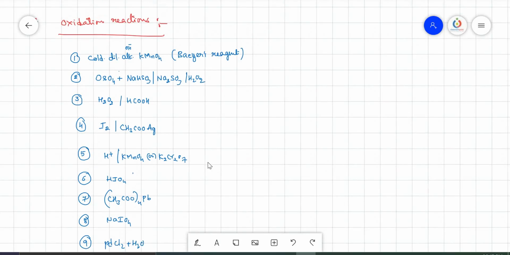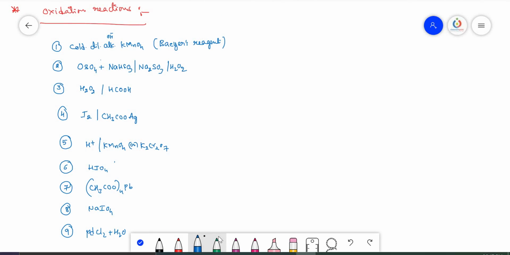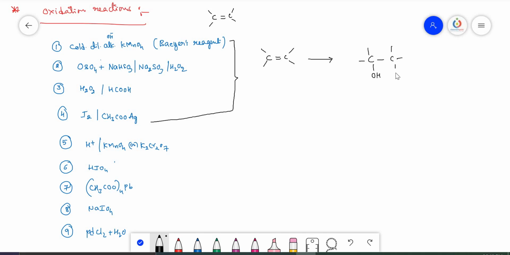Now our duty is to see what is the use of these reagents and how they convert the alkene part, the double bonded carbon atoms. Baeyer's reagent, osmium tetroxide, H2O2, iodine acetate, and H plus KMnO4, no, not H plus KMnO4, up to here, the first four reagents, convert the double bonded carbon atoms of alkenes to their respective OH groups.